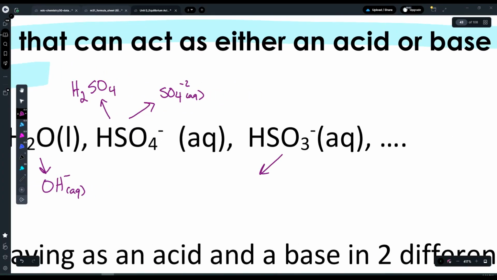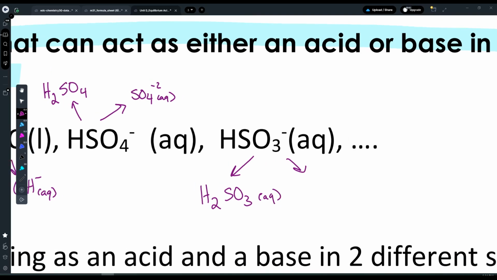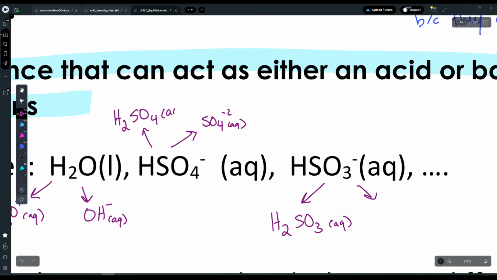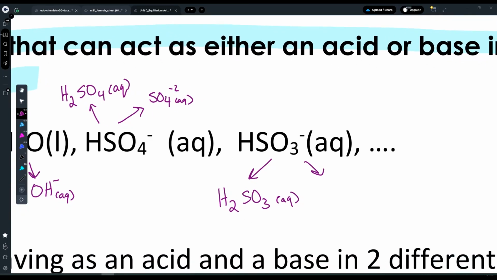Okay, and then for hydrogen sulfite, when it acts as a base, so it accepts a hydrogen, we get H2SO3 aqueous, and I should have put aqueous on sulfuric acid over here. And then when it acts as an acid, so it gives its hydrogen away, we get SO3 2- aqueous.